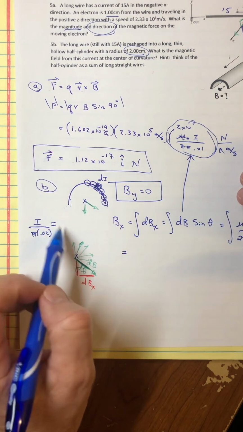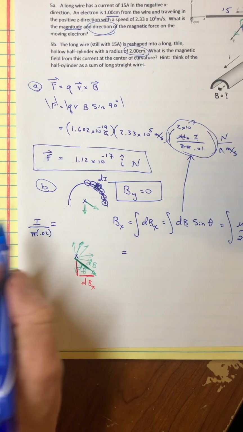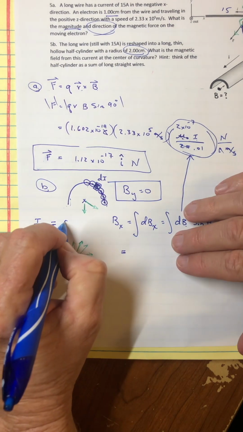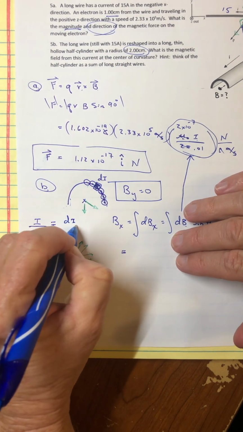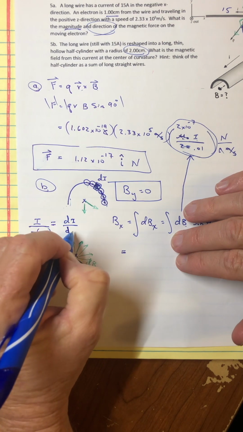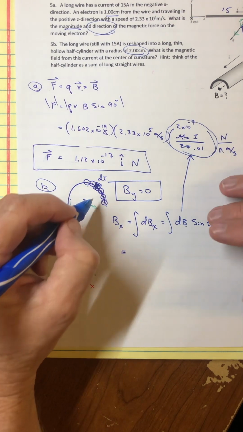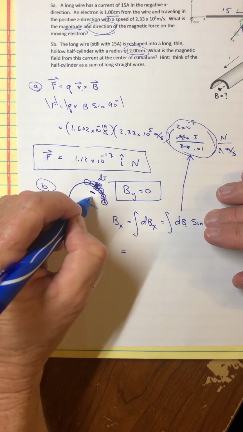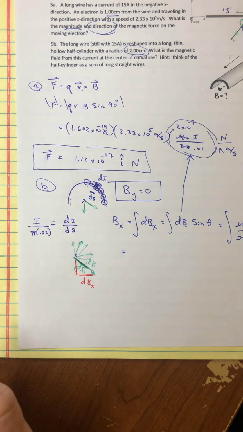So this would be the whole current divided by the whole arc, would equal a little bit of current along a little bit of arc. And so I'll call right here a little length ds.